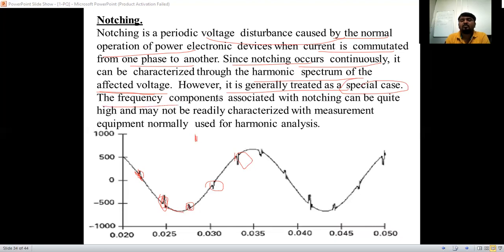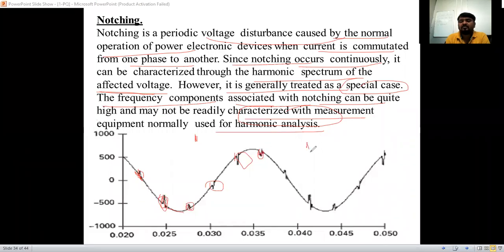So the frequency components associated with notching can be quite high and may not be readily characterized with measurement equipment normally used for harmonic analysis. Whatever equipment we normally use for harmonic analysis, those are used for the measurement. This is the frequency also; how many cycles are there, like this.